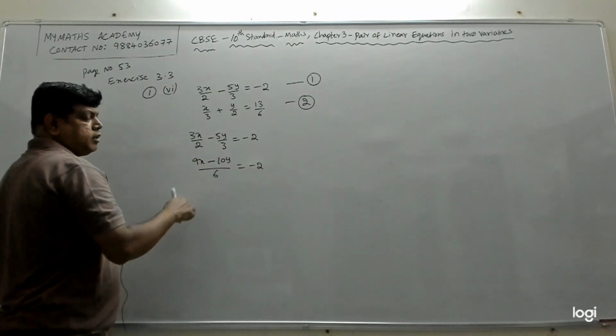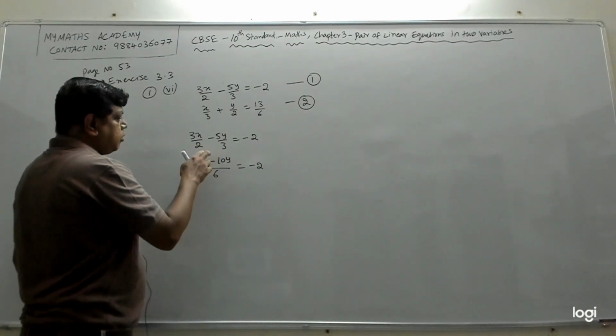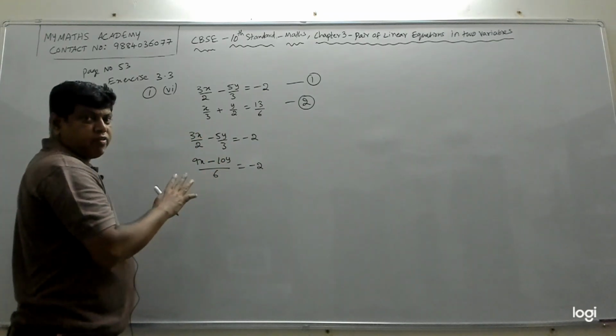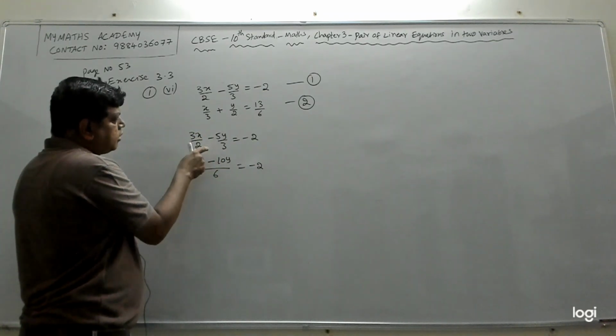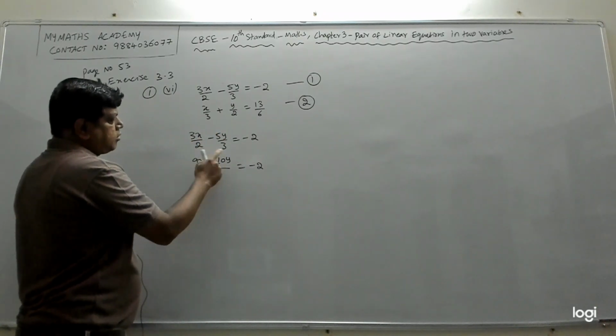Either we can take LCM, which is 6, and do the normal fraction method, or we can do this into this minus this into this divided by this into this.